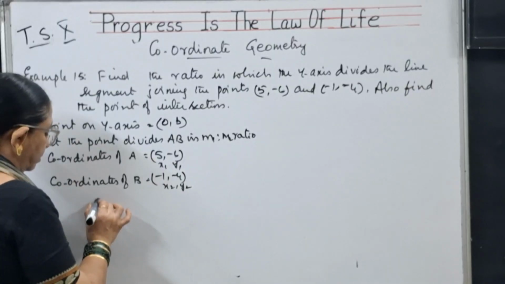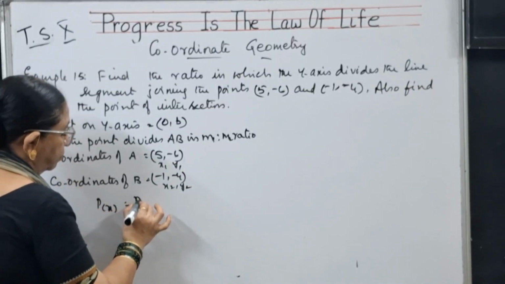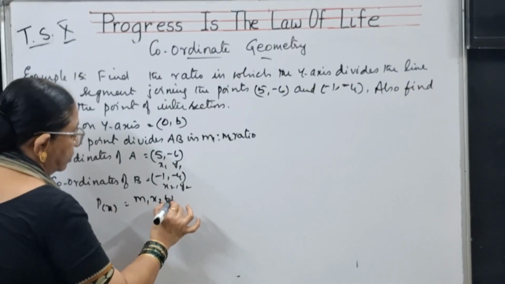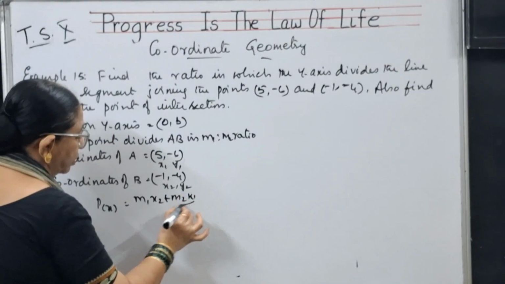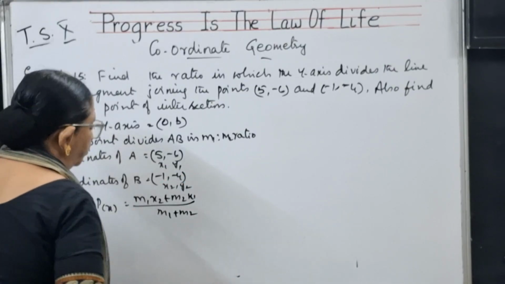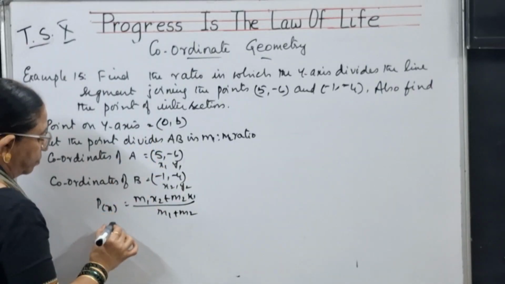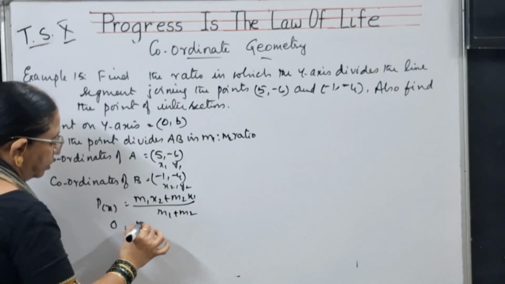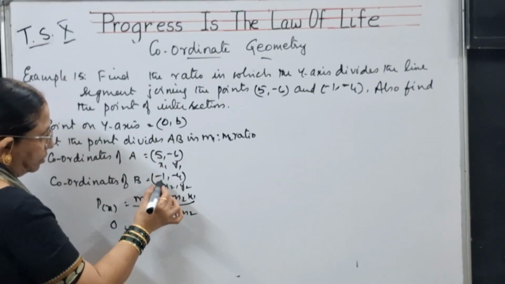So P of x is equal to (m1 x2 plus m2 x1) by (m1 plus m2). So P of x value is 0, equal to m1 times x2, what is x2?